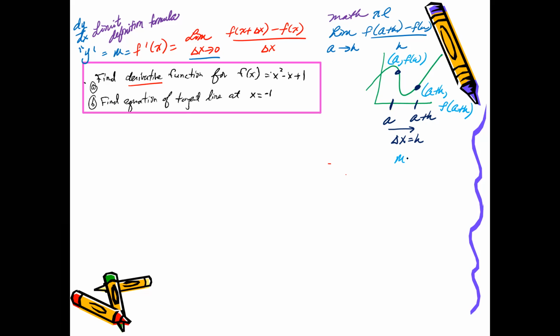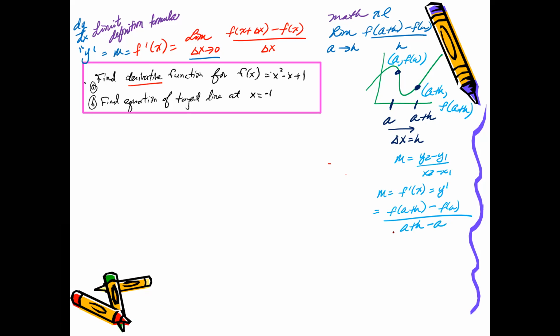And if you apply that into the slope formula, y sub 2 minus y sub 1 over x sub 2 minus x sub 1, you will have your slope, which is the same thing as f prime of x, which is the same thing as y prime, equal to f of a plus h minus f of a over x2 minus x1, which is a plus h minus a.